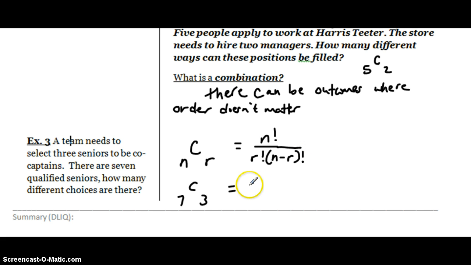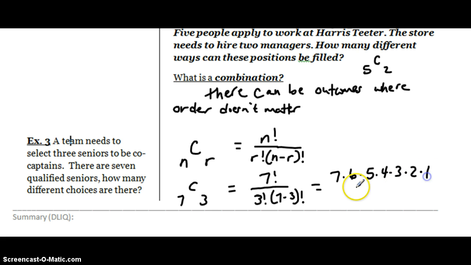Okay. So if we're plugging in, we have 7 factorial over 3 factorial, and 7 minus 3 factorial will be 4 factorial. So 7 factorial is 7 times 6 times 5 times 4 times 3 times 2 times 1.